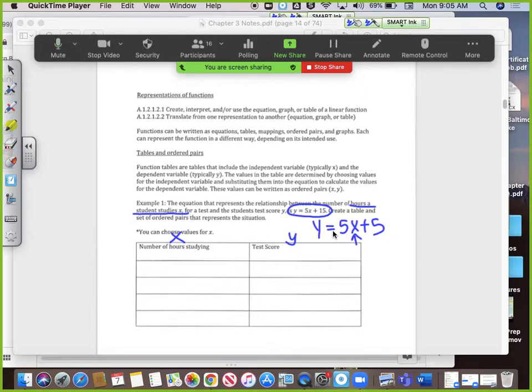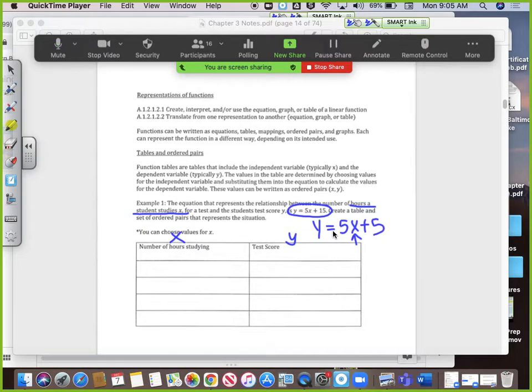So if we were going to create our own table, when I'm thinking about numbers I want to choose for x, and x represents the number of hours studying, the smallest number that makes sense for this problem would be what? What's the smallest number of hours you can study for a test? It's even smaller. Not a 3 hour.